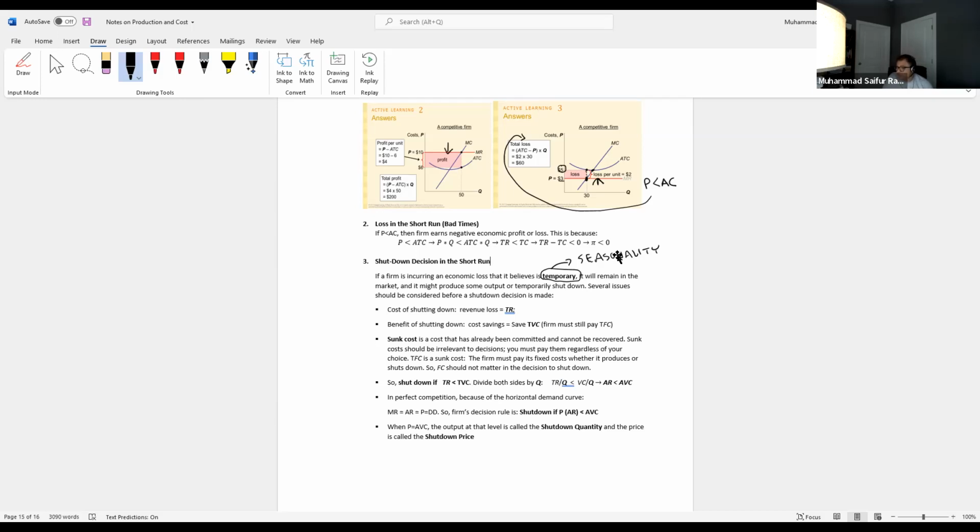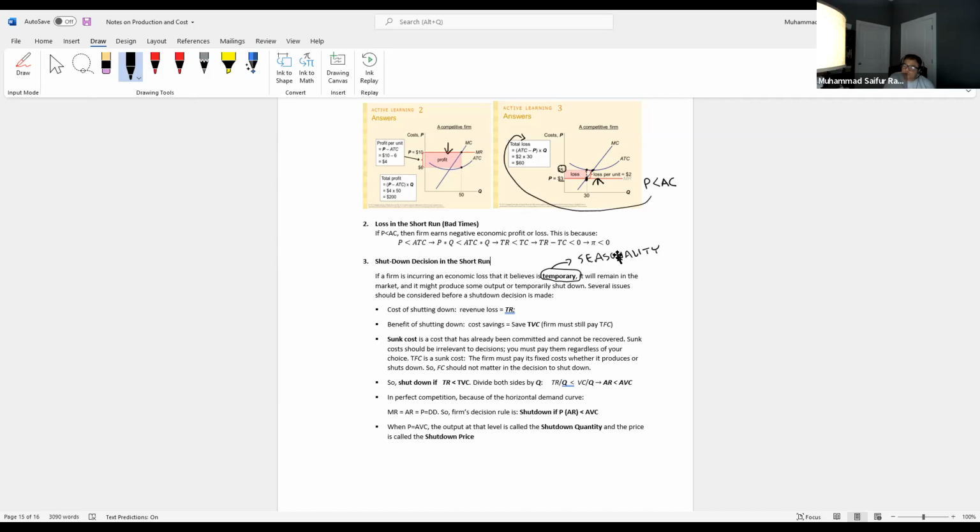If there is an expectation that in the future market conditions might change in favor of the firm, a firm might decide to stick around in the business, still earning a loss, with the expectation that in the future they might make up for it. That's why temporary loss presents a challenging situation for our firm, because they have to make the right choice.